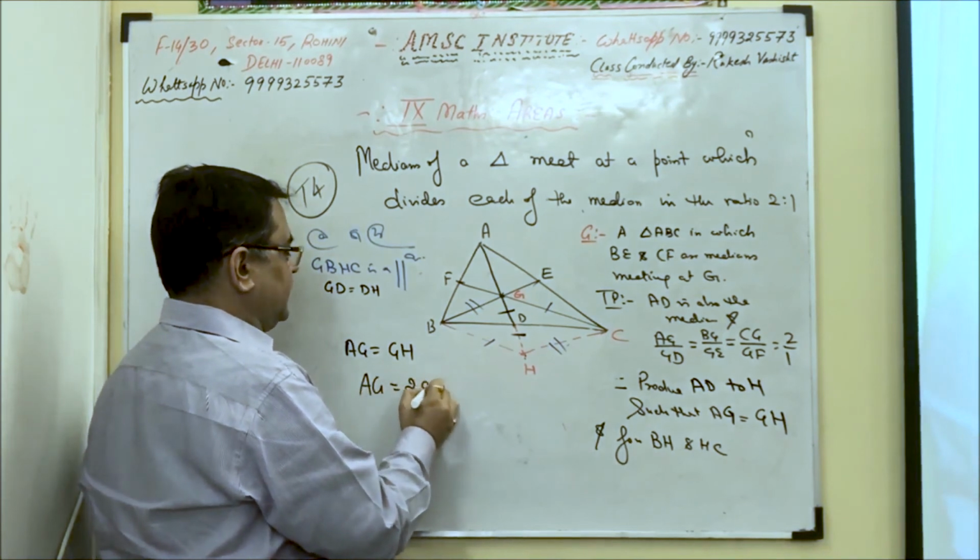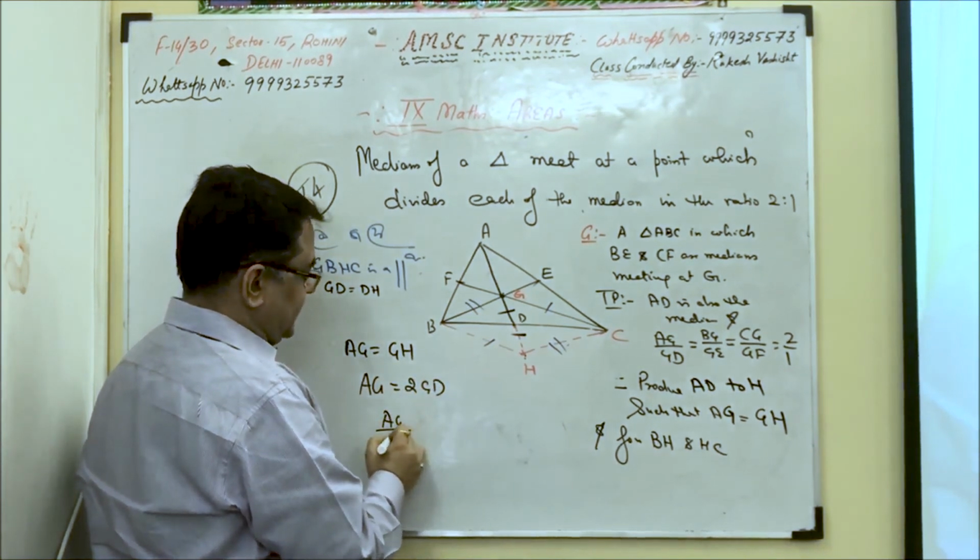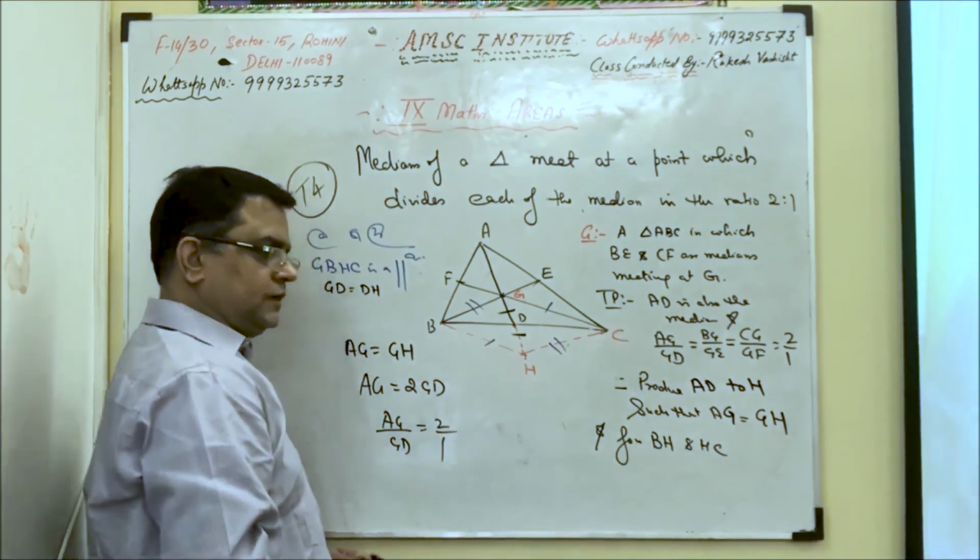AG इज ट्वाइस ऑफ GD. तो AG बाई GD कम्स आउट टू बी एज 2:1.